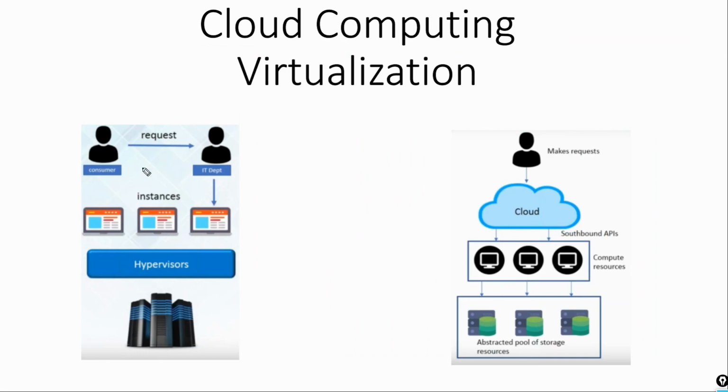Imagine a tenant, a consumer, someone who's using a service, sends a request towards the IP department, and it's going to send that towards instances. So imagine you have a cloud service, and this is maybe your VMware. You're going to run some instances on that.